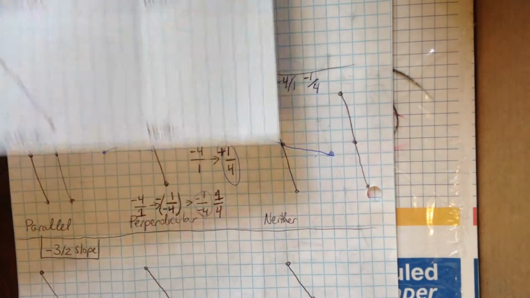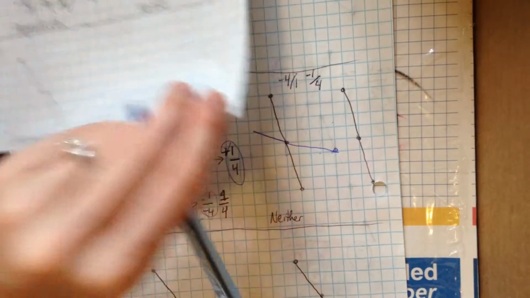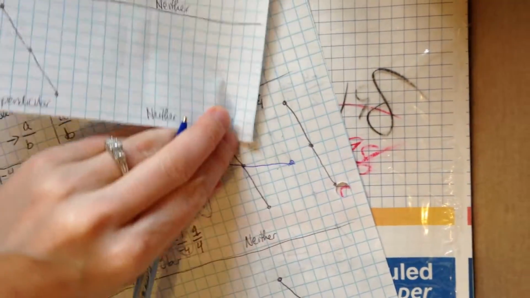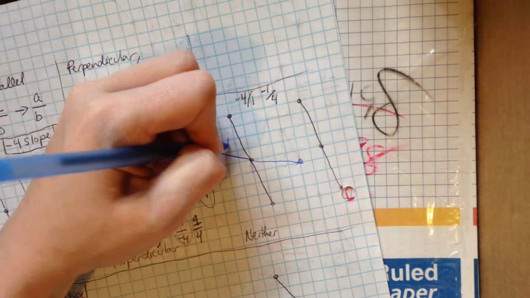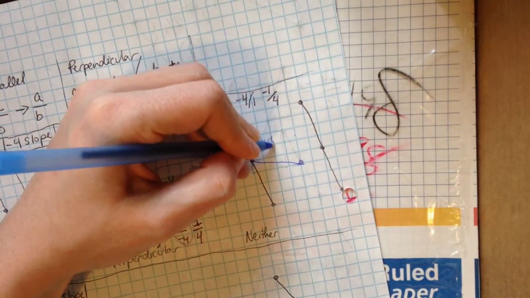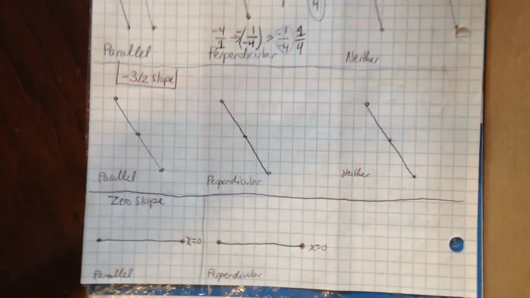Let's test it out with this sheet of paper. No, this corner is not fitting into the acute angle, and this corner is not fitting into this very obtuse angle. So since this is acute and this is obtuse, they're neither perpendicular nor parallel. They're intersecting.